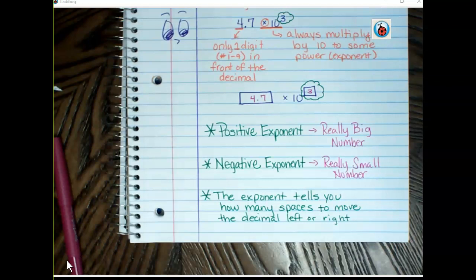So again, a positive exponent means it's going to be really big. Negative exponent means it's going to be really small. And the number of the exponent tells me how many spaces to move my decimal.